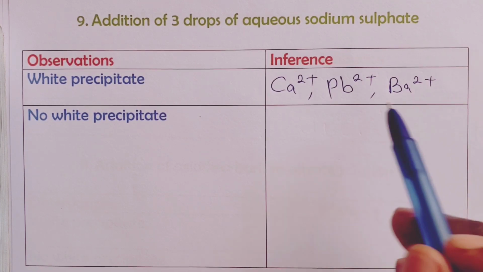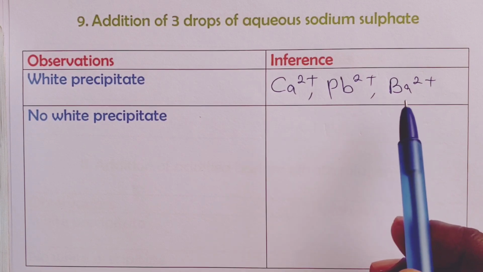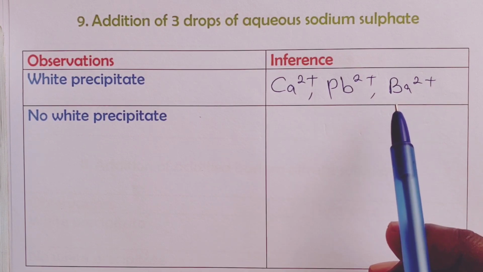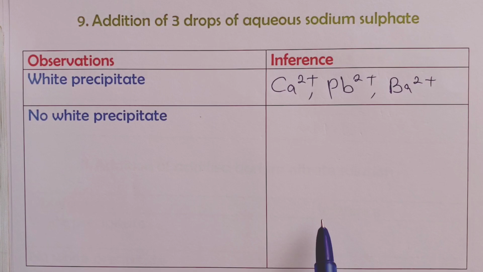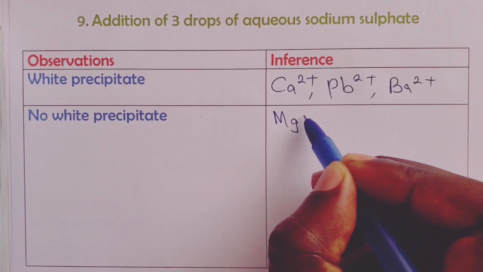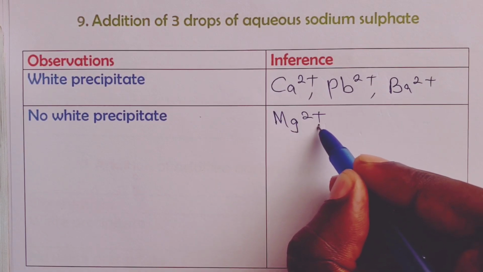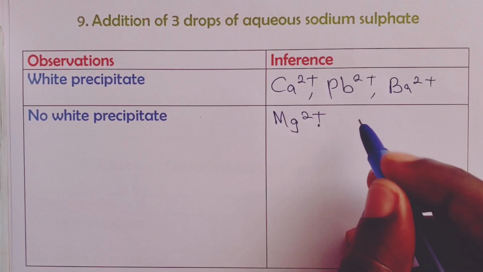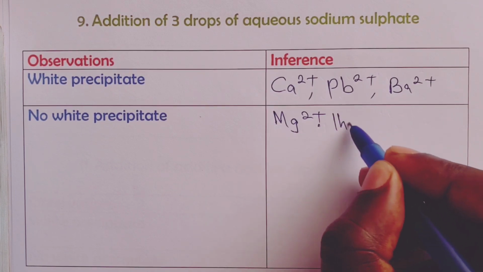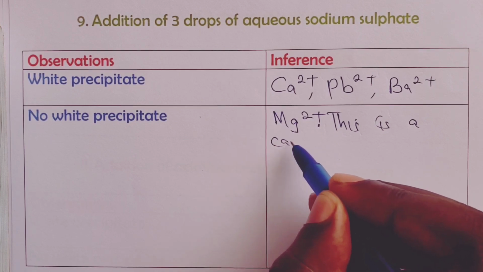Remember, these are the insoluble sulfates, and that's why we are able to see white precipitate. Now, on the other hand, if we don't see any white precipitate, then we will infer that magnesium ions are present. However, for this to hold, we need to say that this is a confirmatory test.